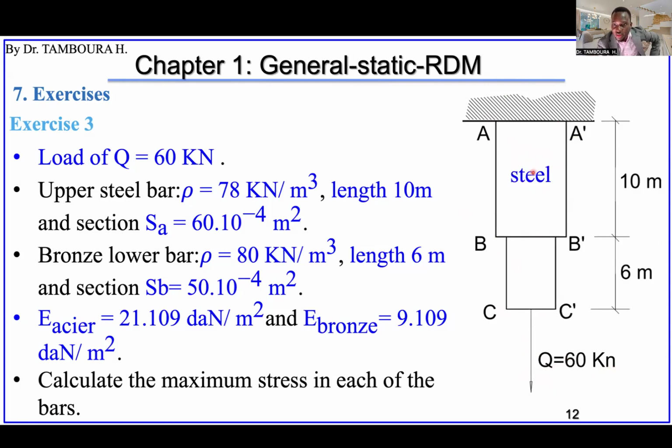This one is in steel material, and the unit weight 78 kilonewton per cubic meter. The length 10 meters. This second part is in bronze. The length is 6, and we have the section and the unit weight.